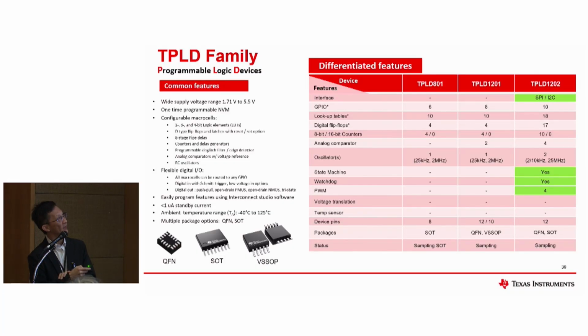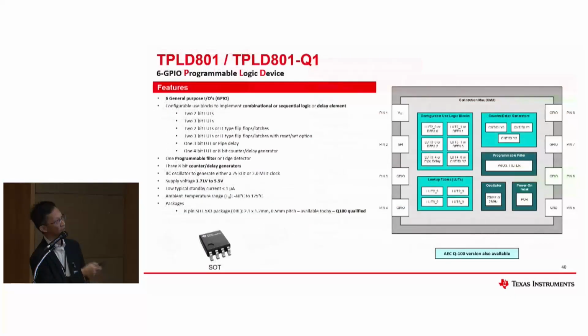If you look at the common features, the voltage supply is 1.7 to 5.5 volts, and it's one-time programmable NVM, all right? And of course, in the macrocell, we have 2-bit, 3-bit, and even 4-bit logic elements, flip-flops, pipe delay, counters, and so on and so forth. Let me go to the next slide, where we'll give you more detail on each of these products.